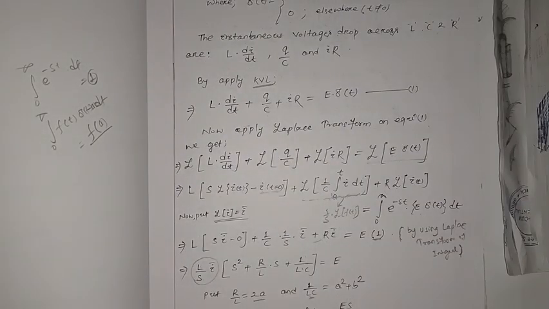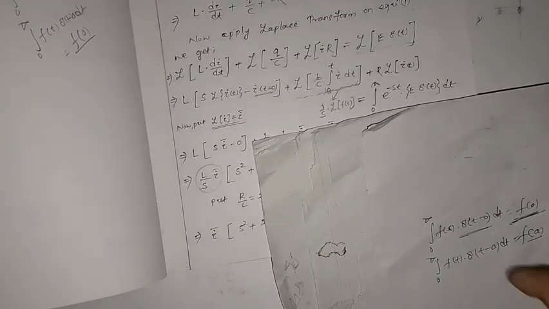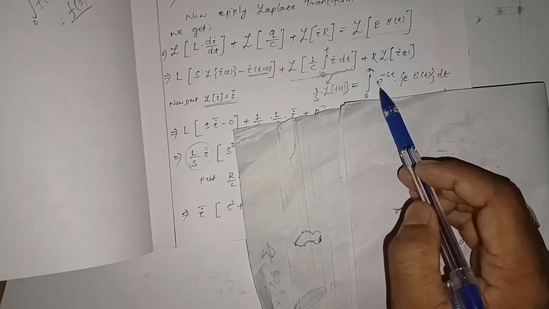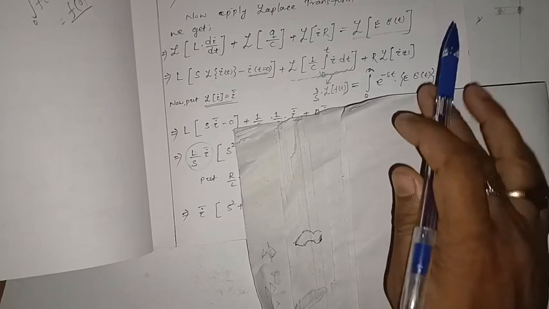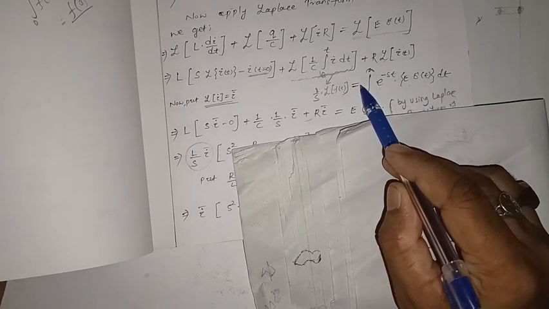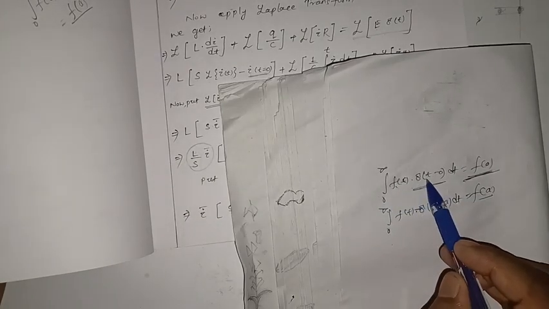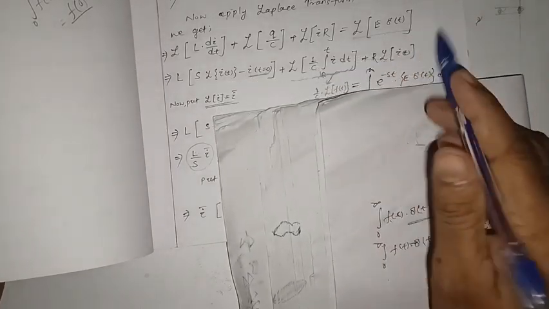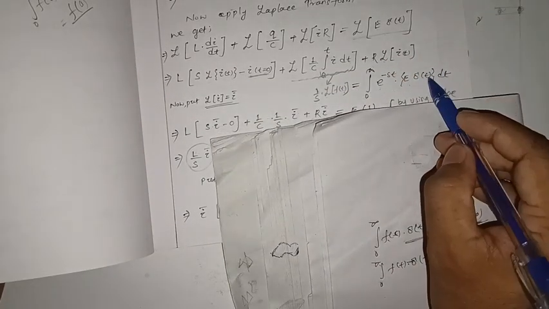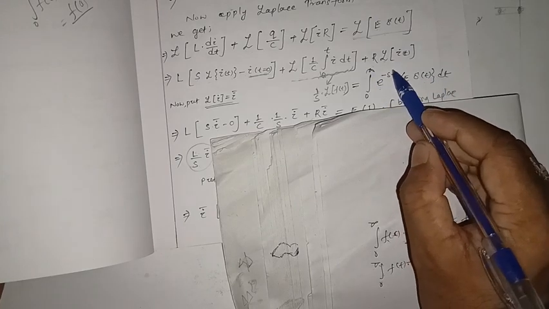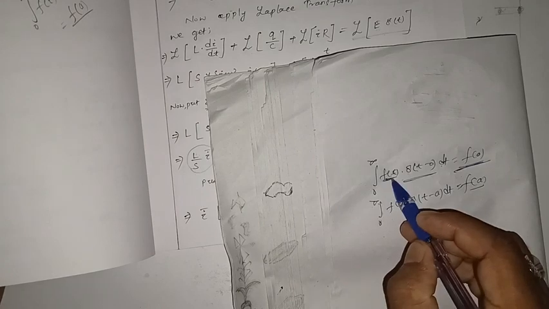So here if I compare this equation with that equation, e to the minus st, see here E is the constant taken outside, so e to the minus st into delta t dt, here delta t means t minus 0 you have to consider. So e to the power minus st is nothing but your f of t, right.